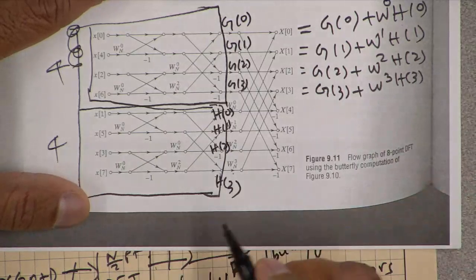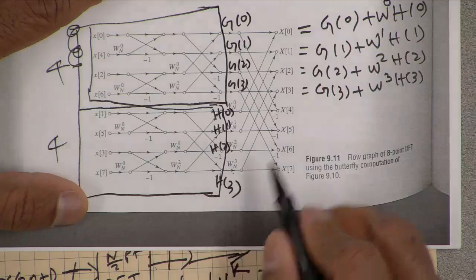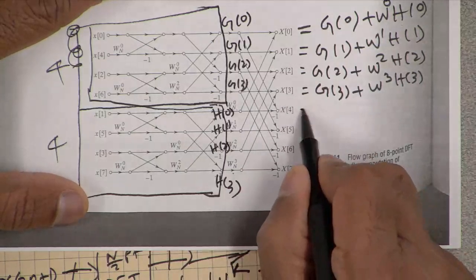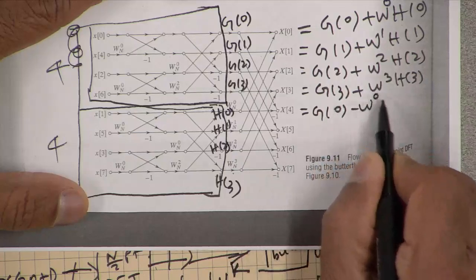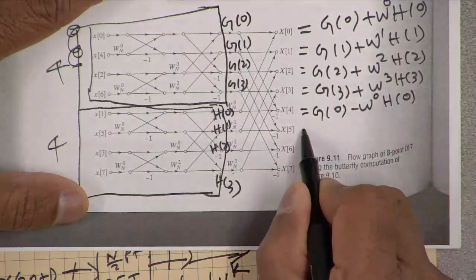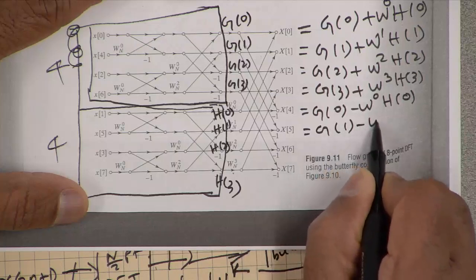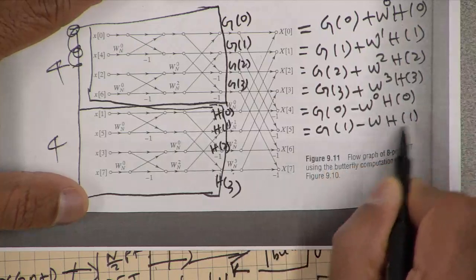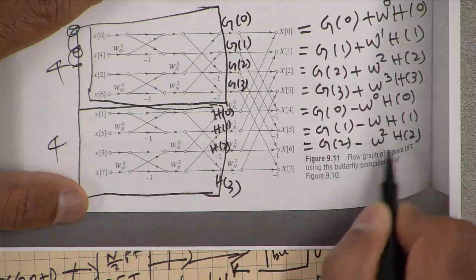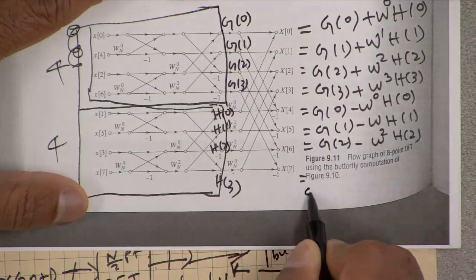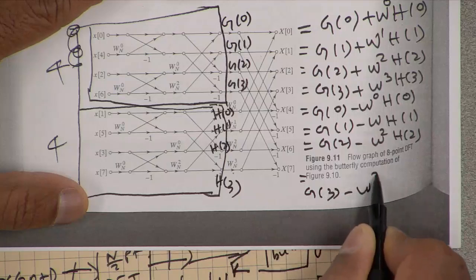And for the last half, this will simply be minus, so that's G0 minus W to the power 0 H0. This is G1 minus W H1. This is G2 minus W squared H2. And this is G3 minus W cube H3.